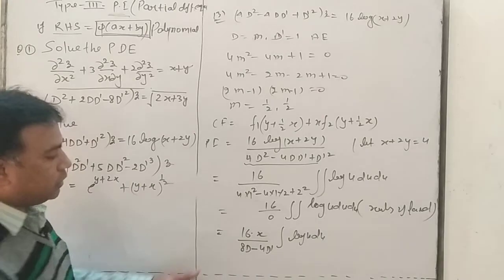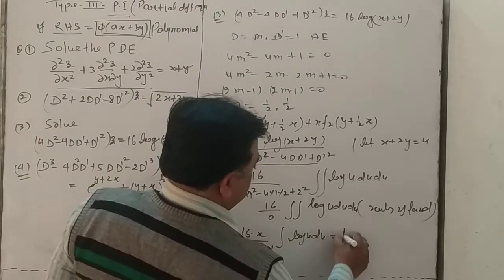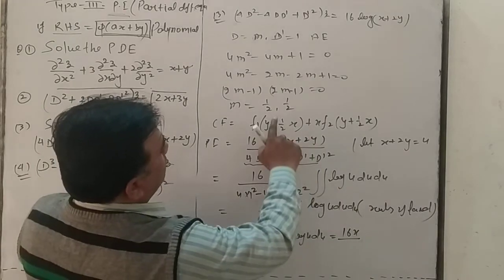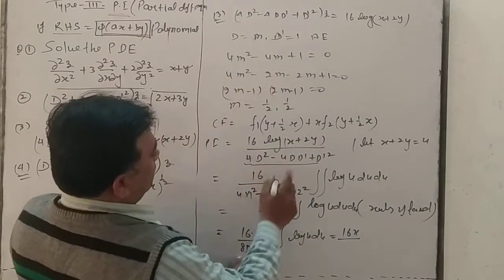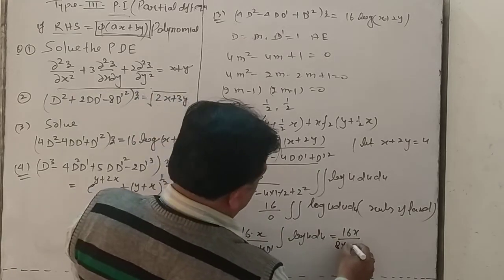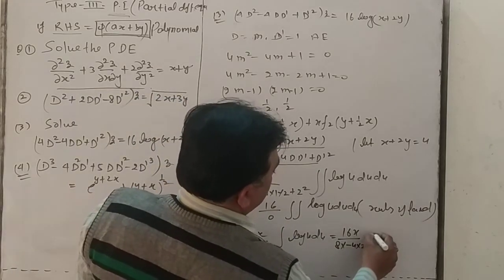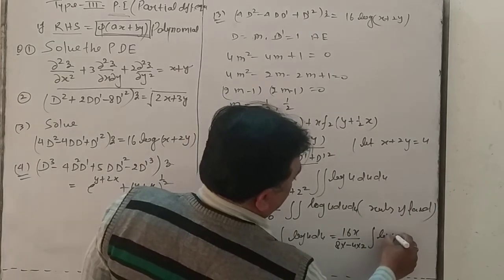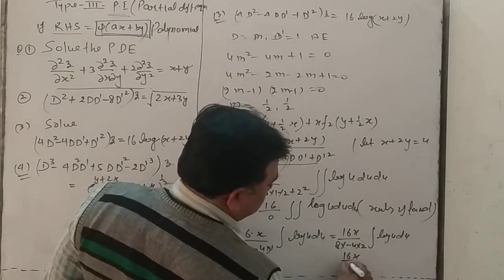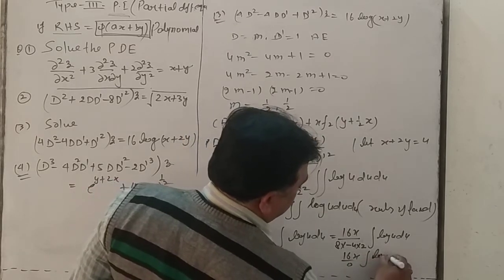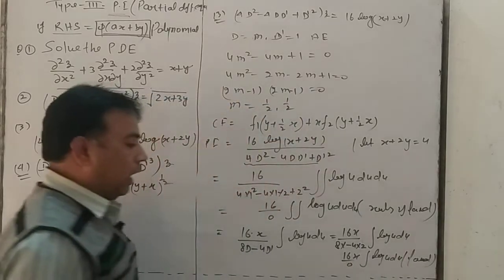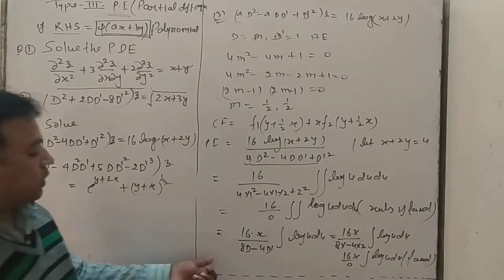Again repeat this process: 16x divided by 8 into 1 minus 4 into 2, integration of log u du. Again this is 0, 16x upon 0 with integration of log u du. Again failed.